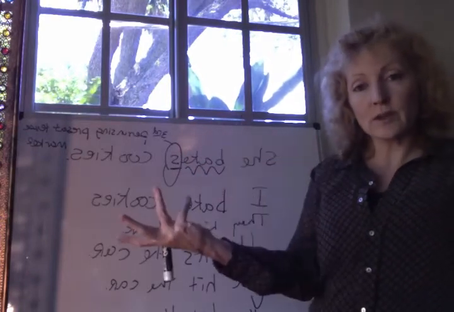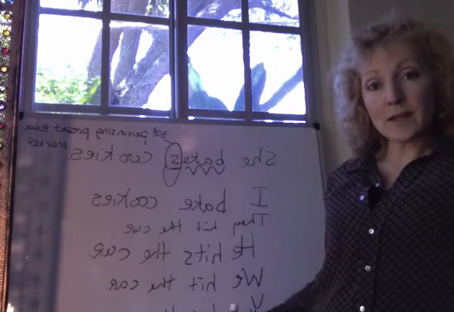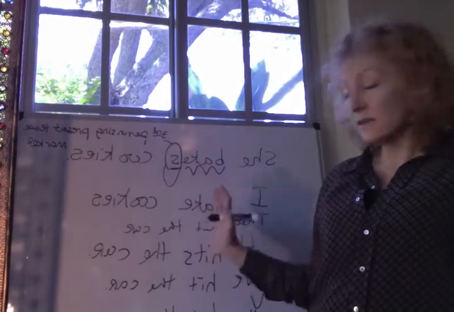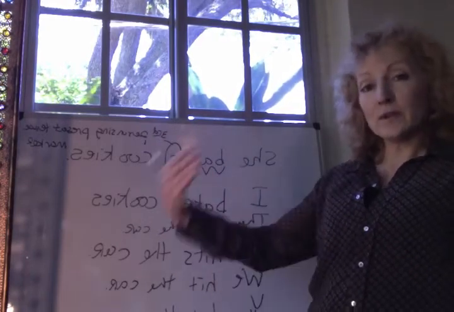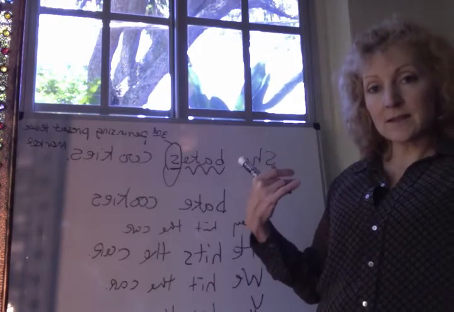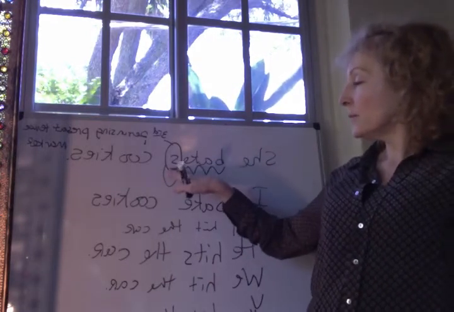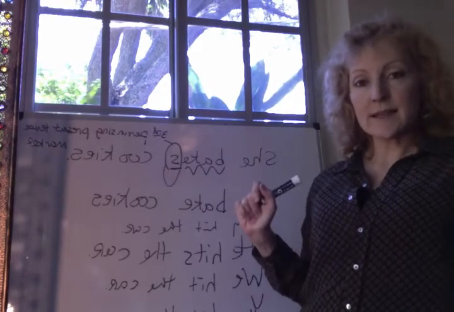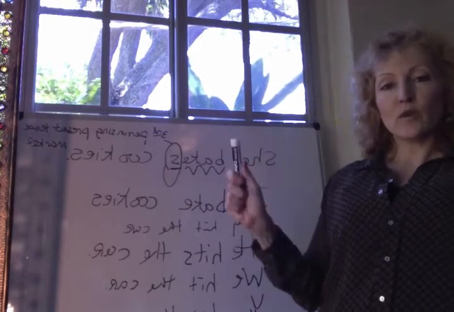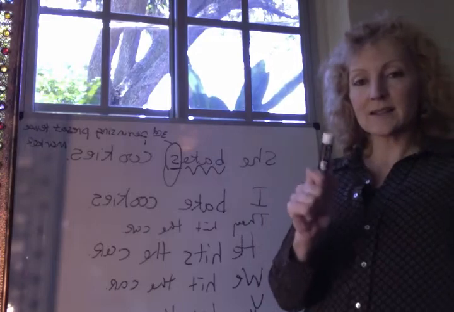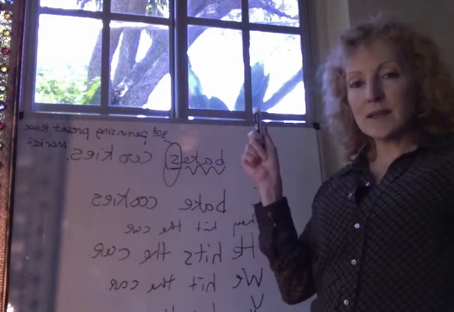In older forms of English, it used to be more like Spanish, where you would have a marker at the end of each and every verb, and that would tell you who the subject of the sentence is. And right now in English, we have only the third person singular present tense. So if you can form the third person singular present tense from a word, it must be a verb.